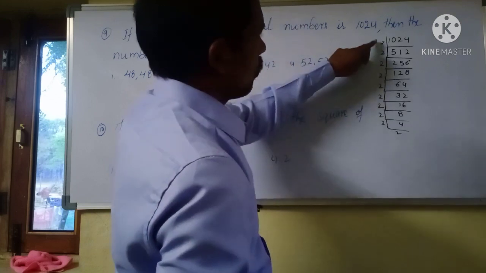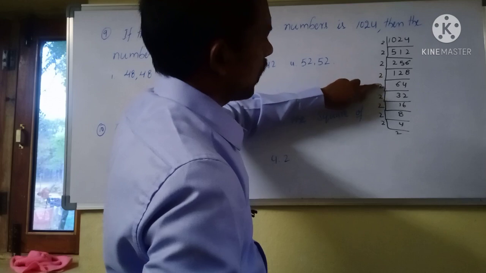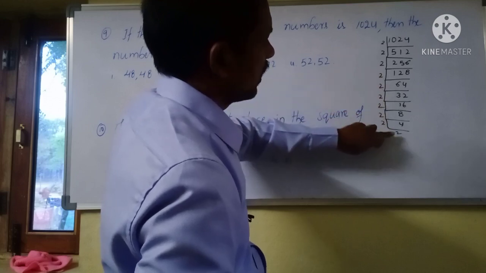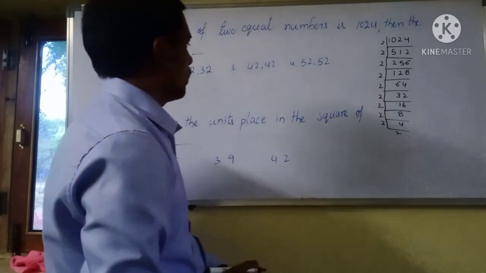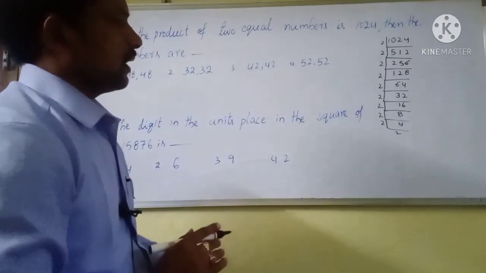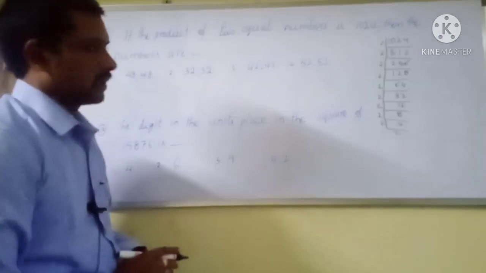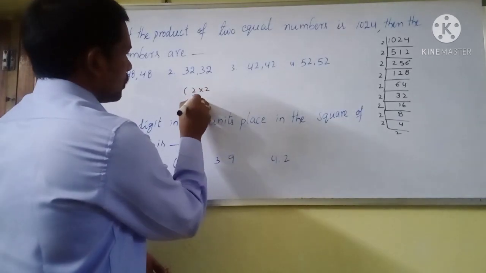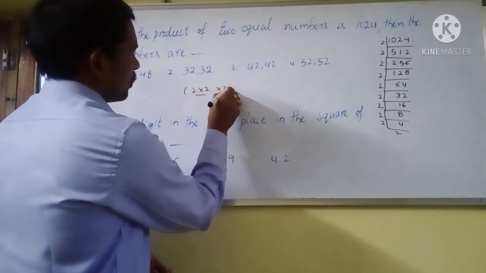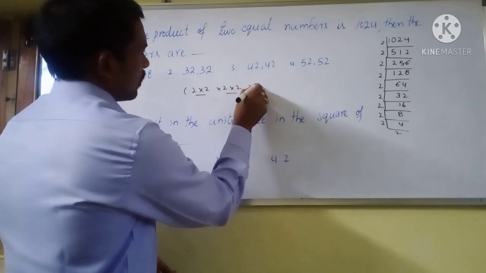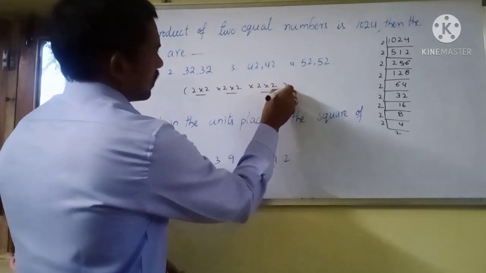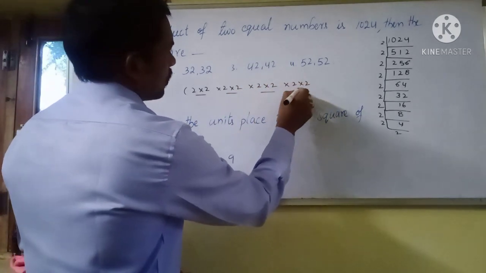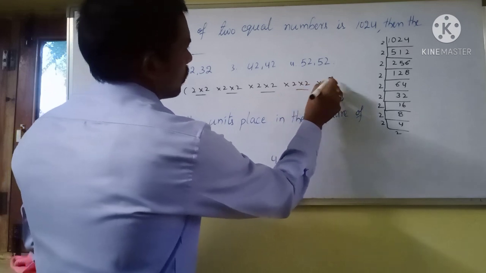So 1, 2, 3, 4, 5, 6, 7, 8, 9, 10. Here 2 is repeated 10 times. So we should form groups: 2 into 2, then 2 into 2, then 2 into 2, then 2 into 2, then 2 into 2.